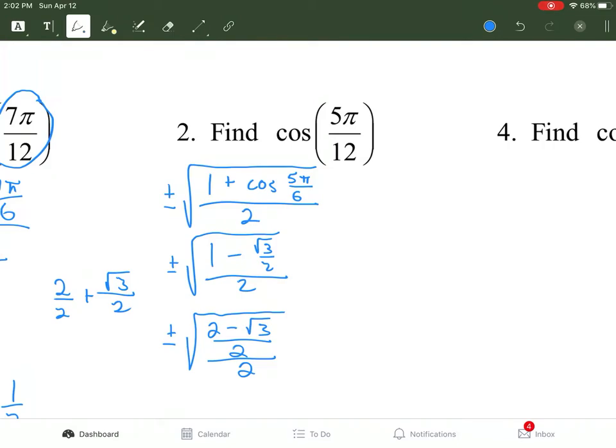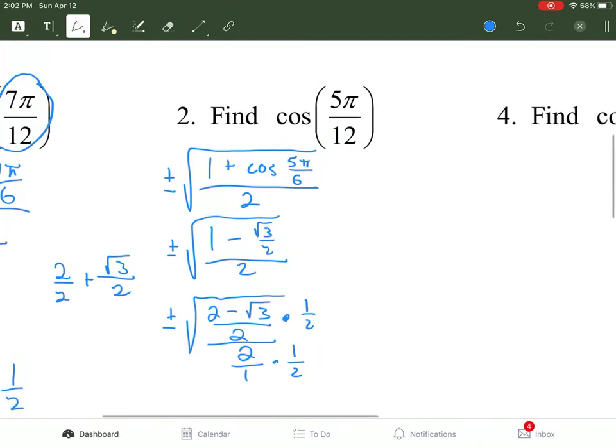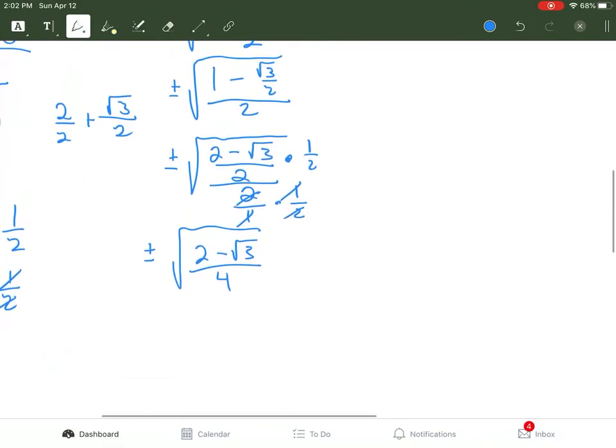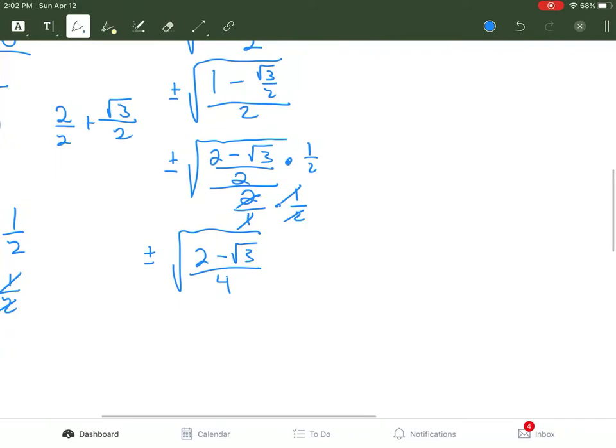Again, we have a complex fraction, so this 2 over 1 becomes 1 over 2 and gets multiplied to the top. All those cancel. We're left with 2 minus root 3 all over 4 and a big square root. All right, and then finally here the square root of 4 just becomes 2. So we have the square root of 2 minus root 3, over 2.